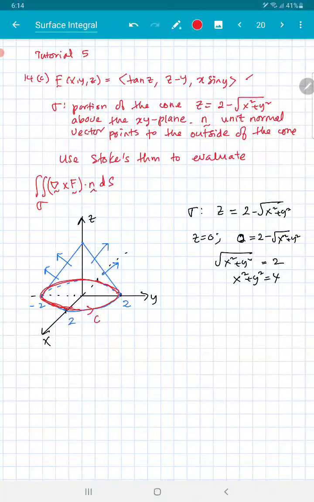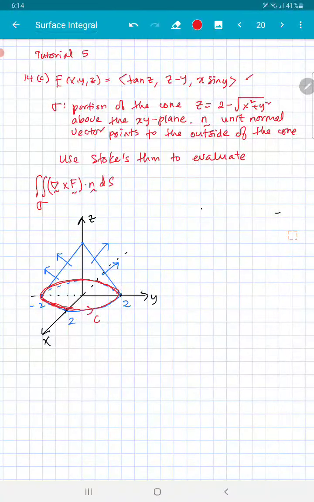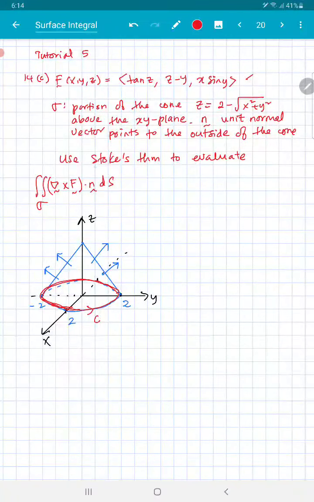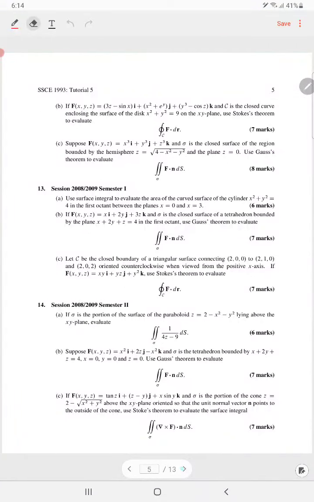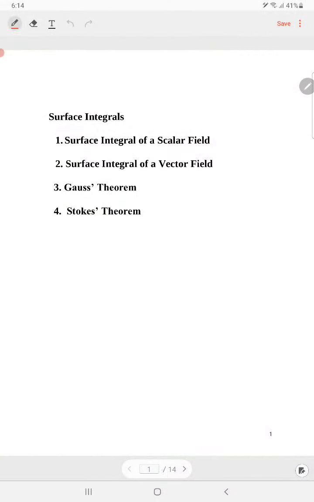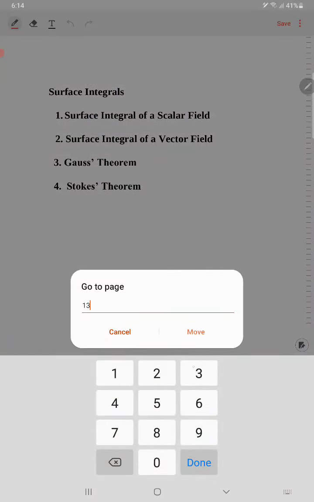Now we need to evaluate del cross F dot unit normal vector over surface sigma by using Stokes' theorem. According to Stokes' theorem, let me show it again.